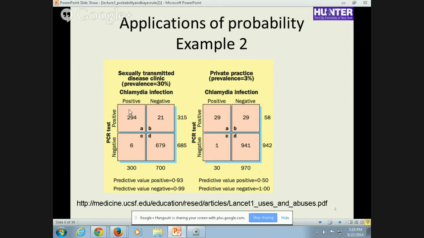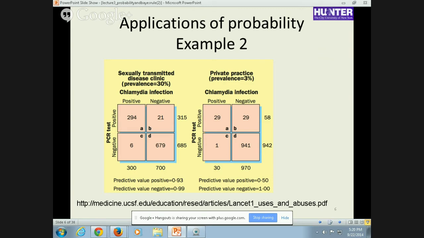We want to look only at the people who receive the positive test, and then from the gold standard, we calculate here the probability that the person actually has the infection that the test has given a positive result for.